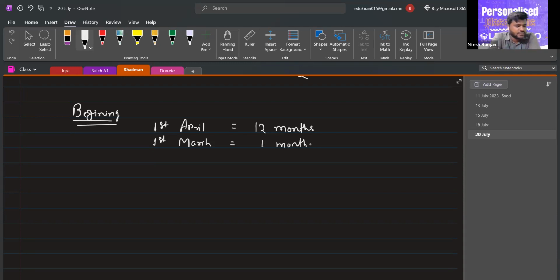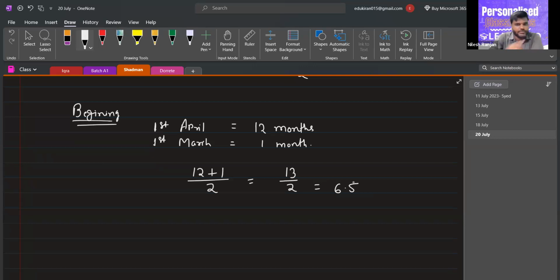We have to count the time period from the last drawing date, so from 1st March to 31st March. So it is 1 month. Now, if we calculate the time period using the formula, 12 plus 1 divided by 2, 13 divided by 2, it will be 6.5.